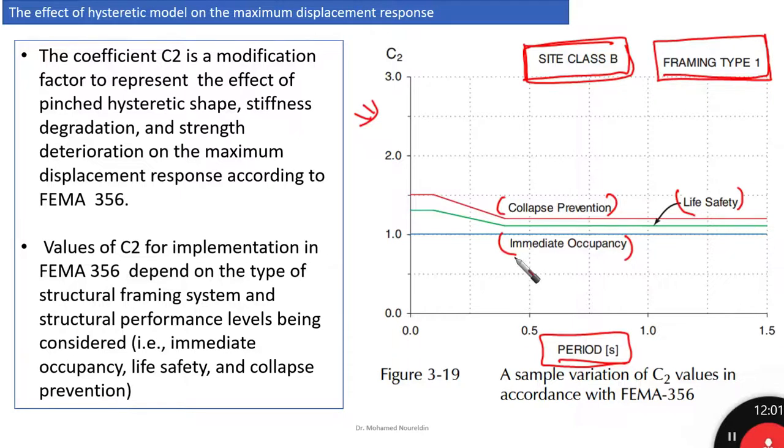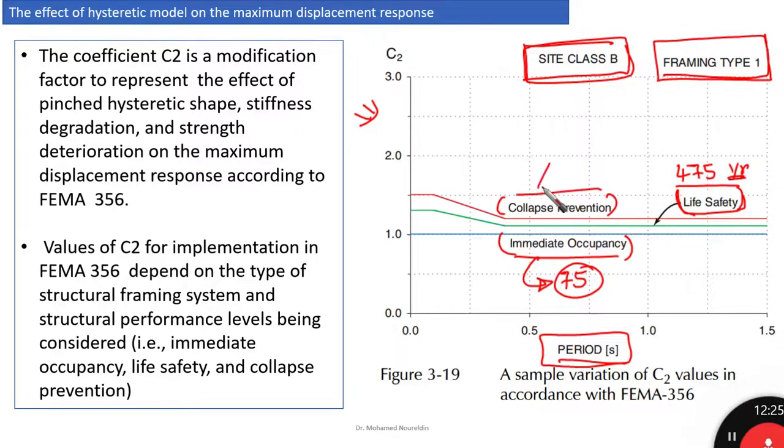Commonly, these limit states are mapped into return periods of earthquakes. For example, immediate occupancy is commonly mapped with a 75 year return period. Life safety is the design earthquake, with a 475 year return period.